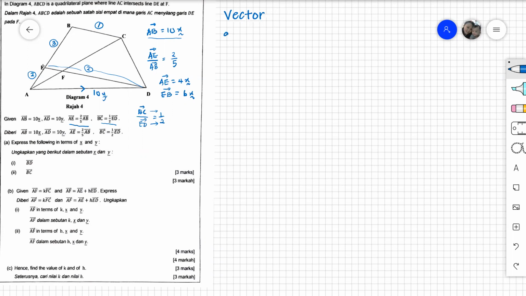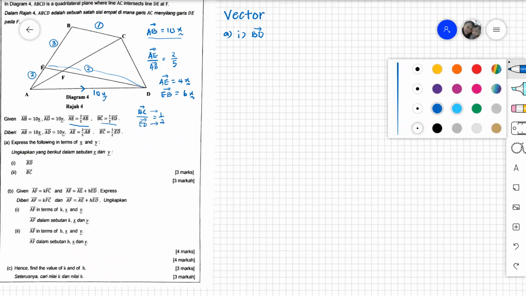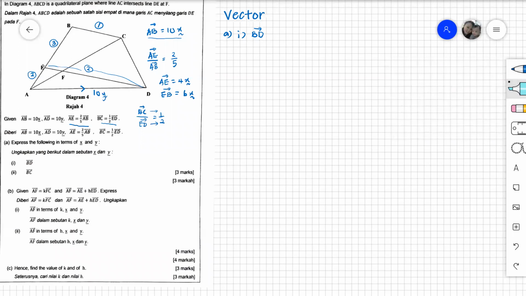Express BD in terms of x and y. So for part A, part 1, to find BD, always refer to the diagram. The vectors that we have indicate the existing path that we have. So let me highlight the existing path that we have, which is AB and also AD.